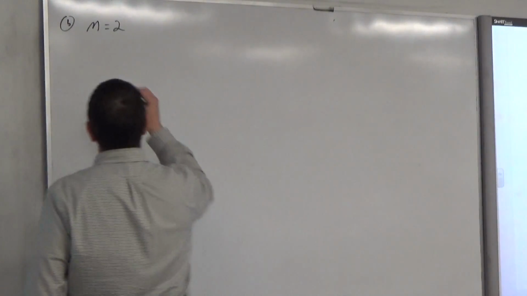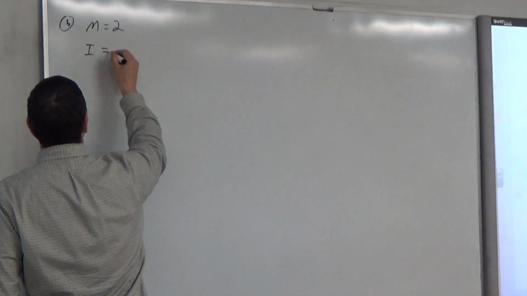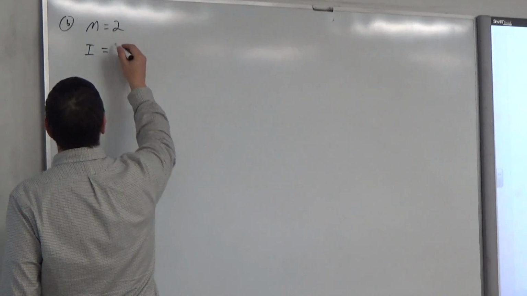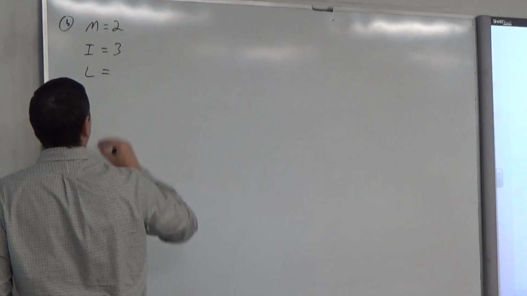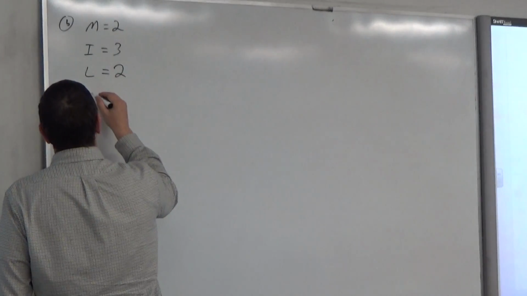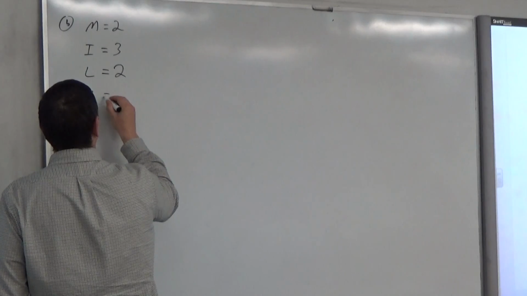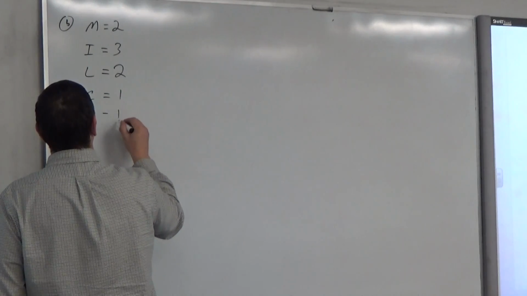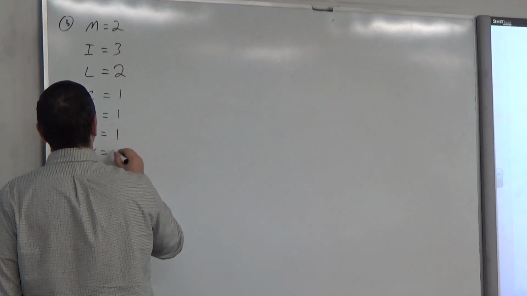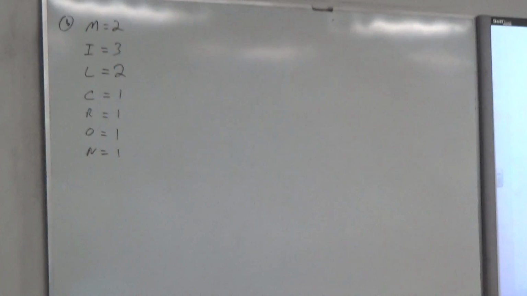For the L's, 3, if I can count. Okay, thanks, I can't count. Then 2 for the, and then CRON, 1 of each of those. So the milli is all the repetition, and the cron is the part that's unique.